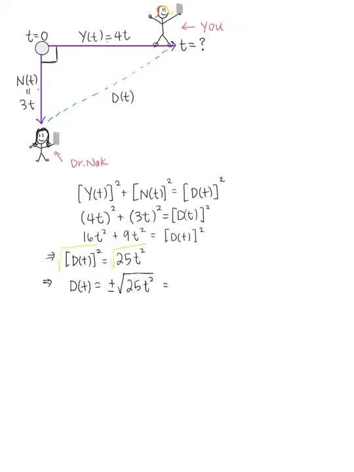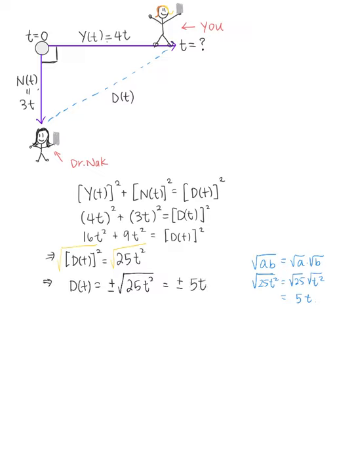Now, remember this property from algebra: the square root of a times b is the square root of a times the square root of b. So if I have 25t squared, this is the same thing as the square root of 25 and the square root of t squared, which is 5t. So here we're going to have plus or minus 5t.